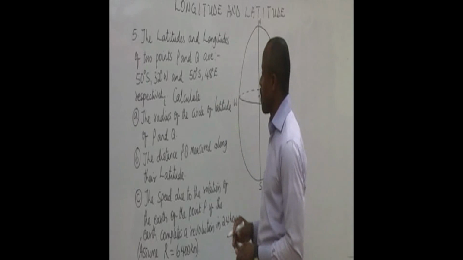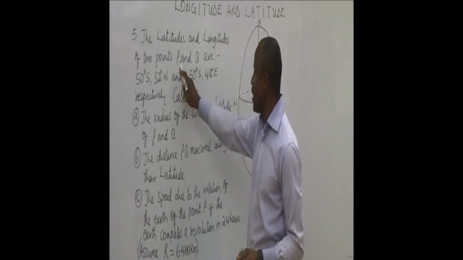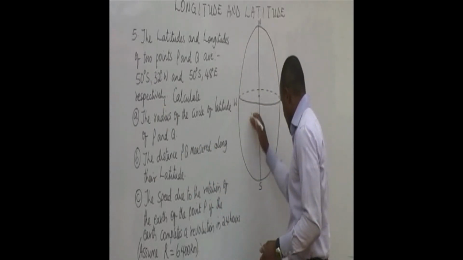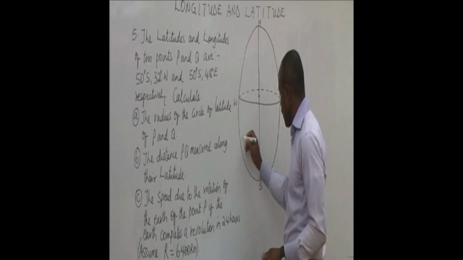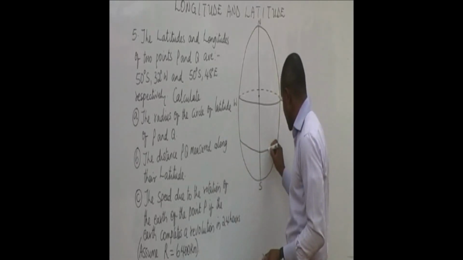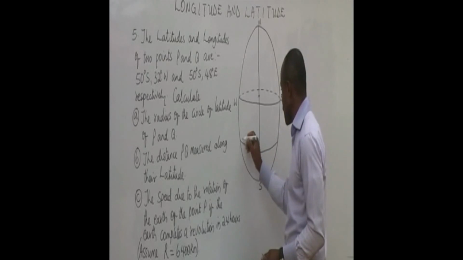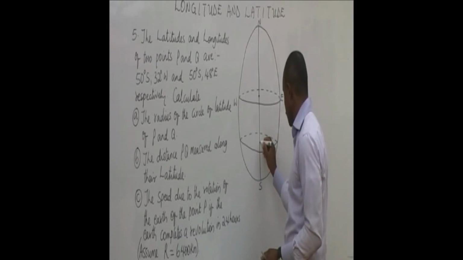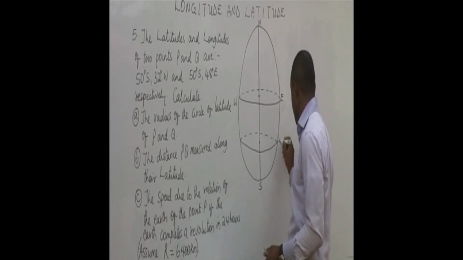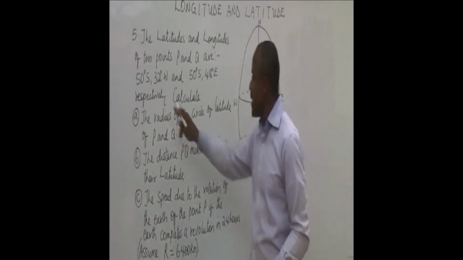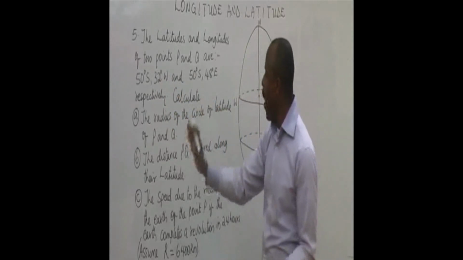Now go back to the question. The 2 points: P is 50 degrees south. This is the southern part of the globe, so draw any latitude on the southern part to represent 50 degrees south. So here is 50 degrees south and 32 degrees west.